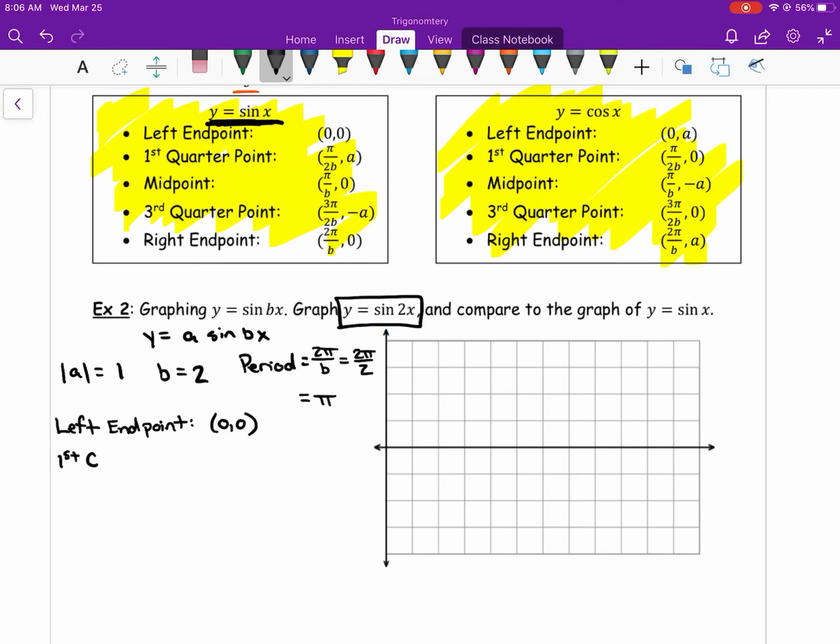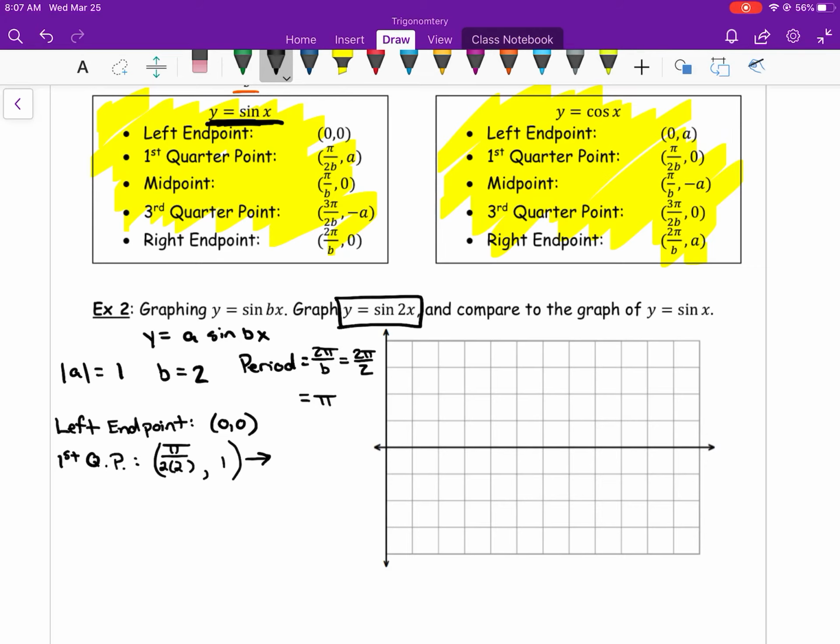My first quarter point, QP for abbreviation purposes, is pi over 2B, comma A. So plugging in, I have pi divided by 2 times B, which happens to be 2 for us, comma 1.